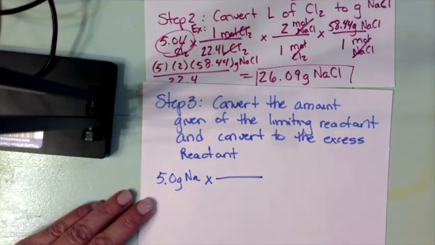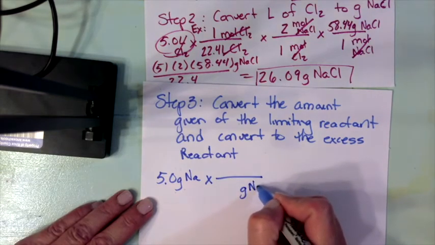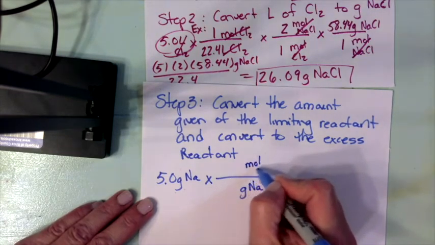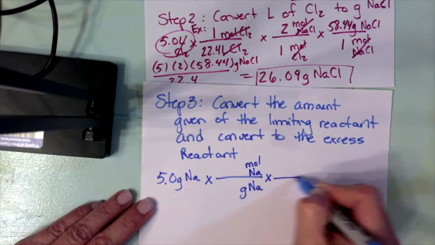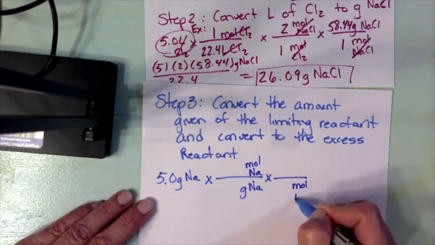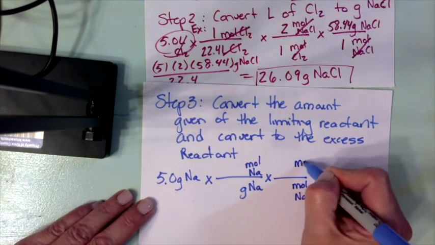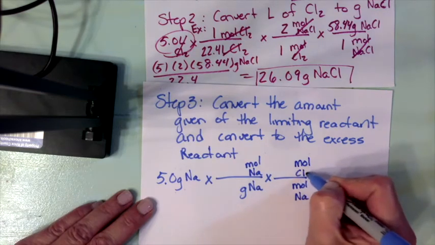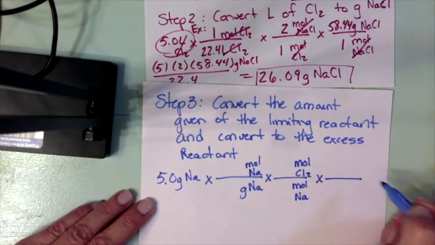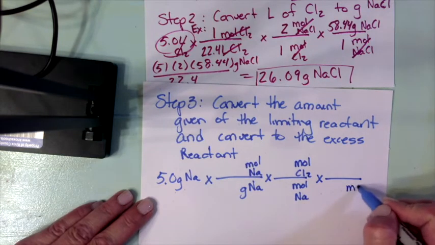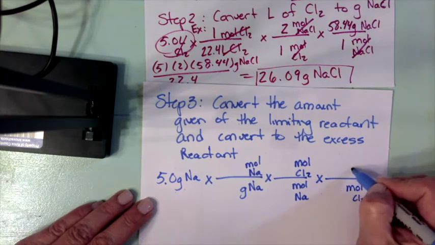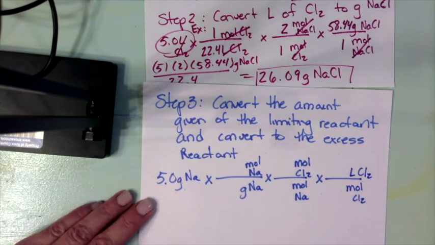Now we need to convert out of grams of Na and go into moles of Na. Then we need to convert out of moles of Na and go into moles of the other reactant, which was Cl2. And since our original Cl2 was given to us in liters, we are going to get out of moles of Cl2 and go into liters of Cl2.